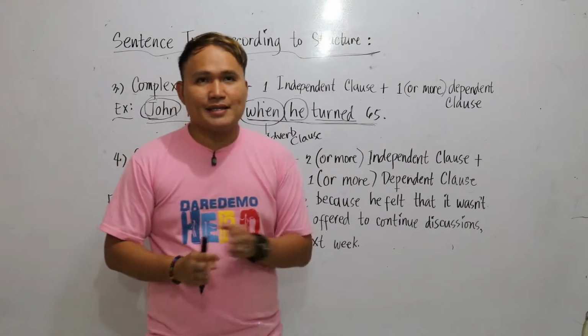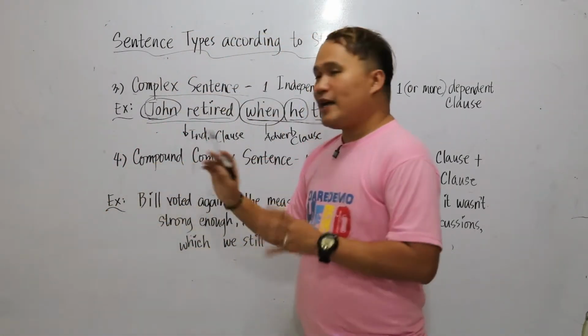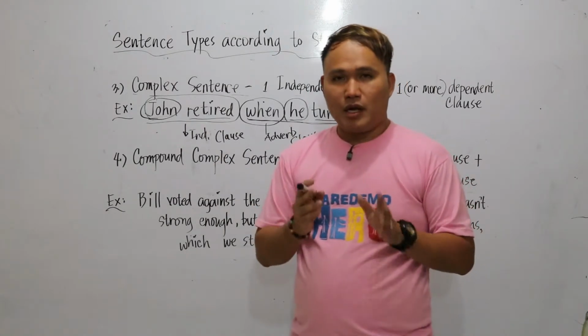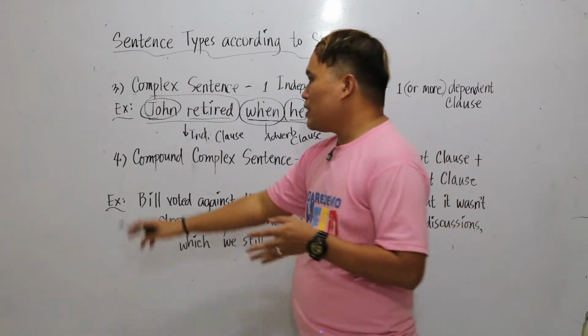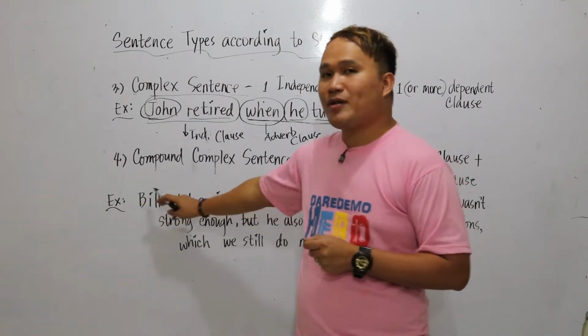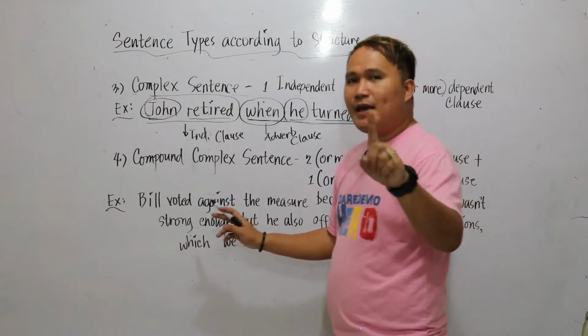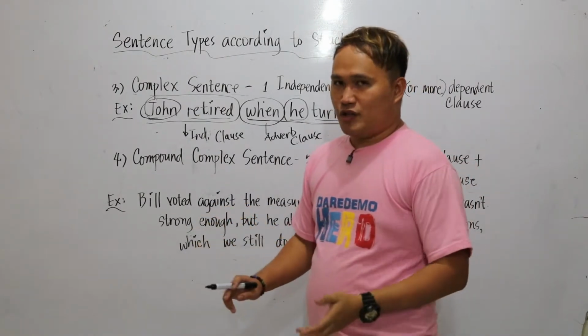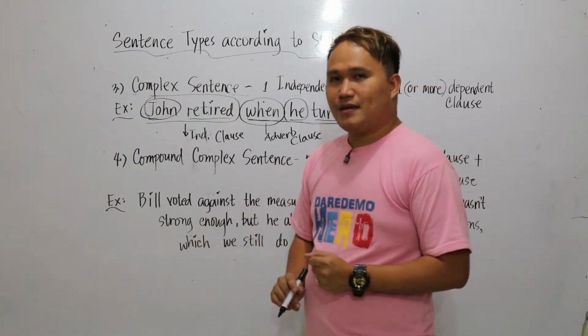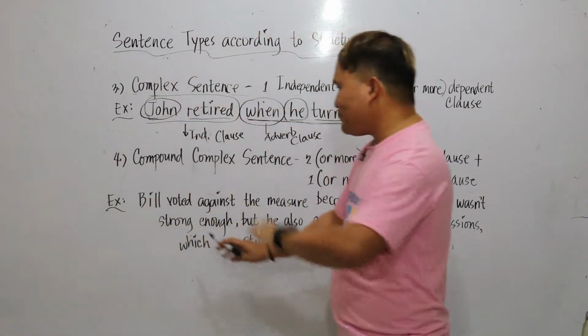A compound complex is a mixture of compound sentence and complex sentence. Remember, for a compound sentence, you need to have two independent clauses. For a complex sentence, you need one independent clause paired with one dependent clause. That's just it. Let's have an example here.